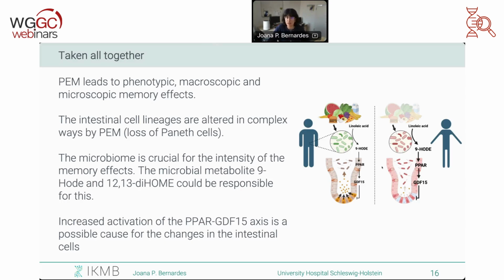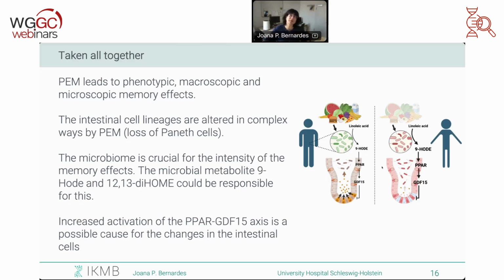That leads to the increase in the GDF15, and this increase in the activation of the PPAR and GDF15 axis is potentially the possible cause for the decrease in the number of Paneth cells and all the mechanistic effects that come through it. So the fatty acid metabolism effect and the decrease in the inflammatory response of the intestinal epithelium.